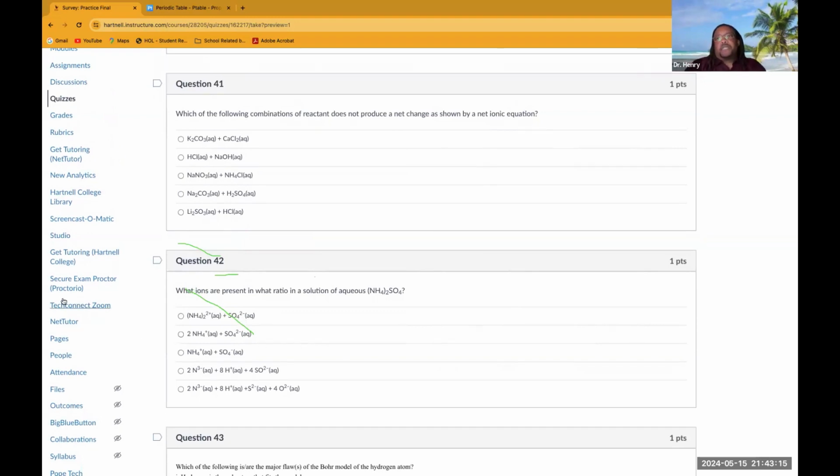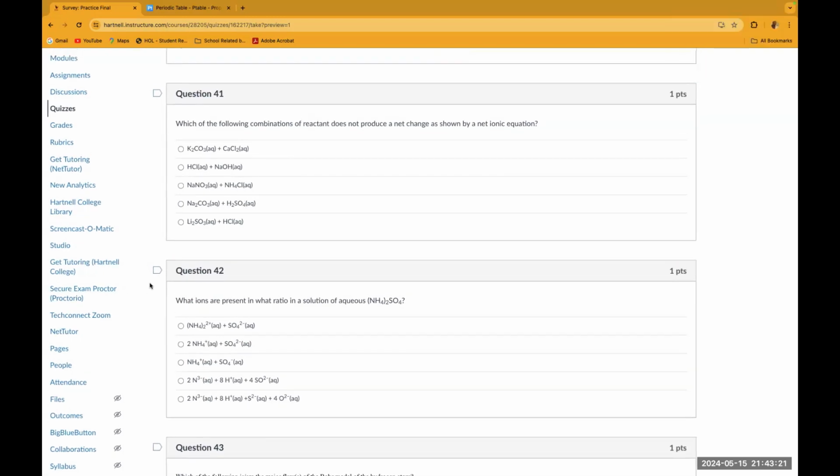Question 41. Which of the following combinations of reactants does not produce a net change, as shown by the net ionic equation?